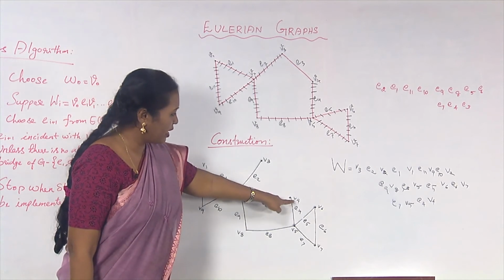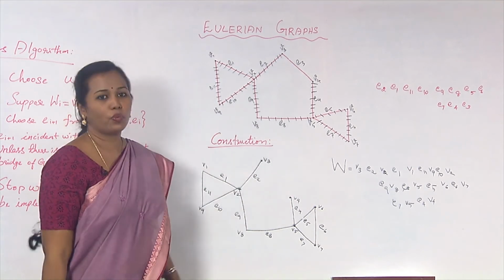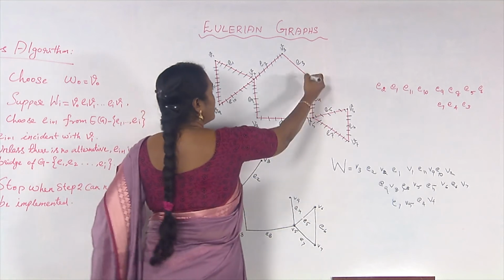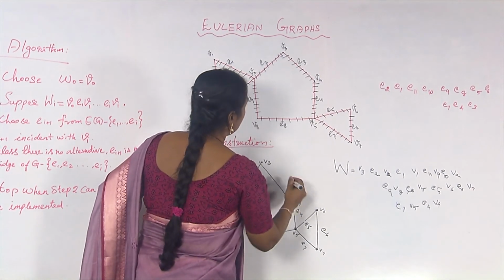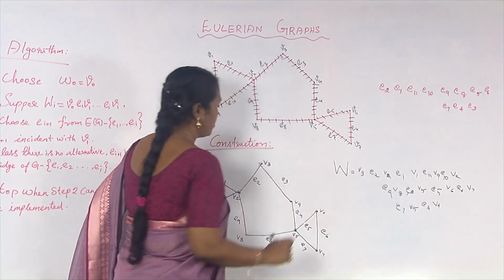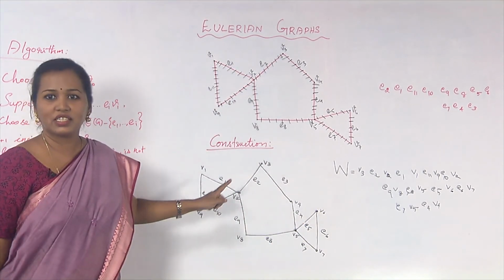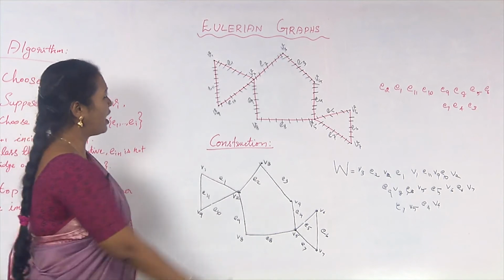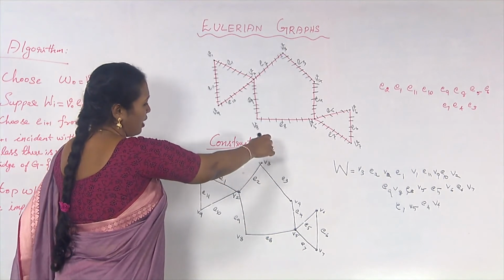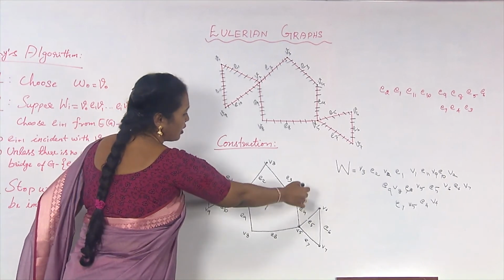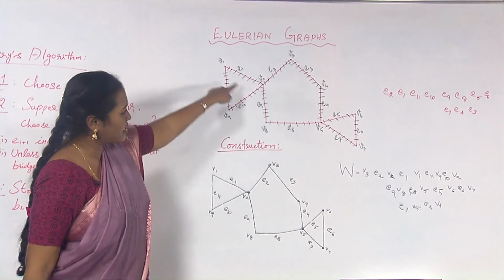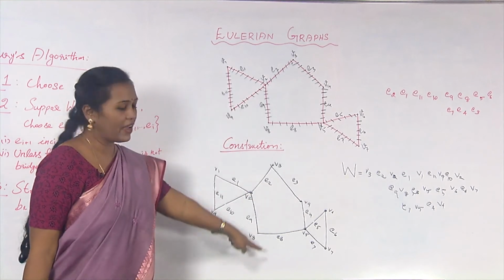So, you are now stopping at V4, and you are left with only one more edge, namely E3. So, you can add that also. E3, V4. Therefore, now you have constructed an Eulerian circuit. We started from V3 and we went along all the edges of the graph, and we have created an Eulerian circuit, as is evident from the original graph and the new construction.